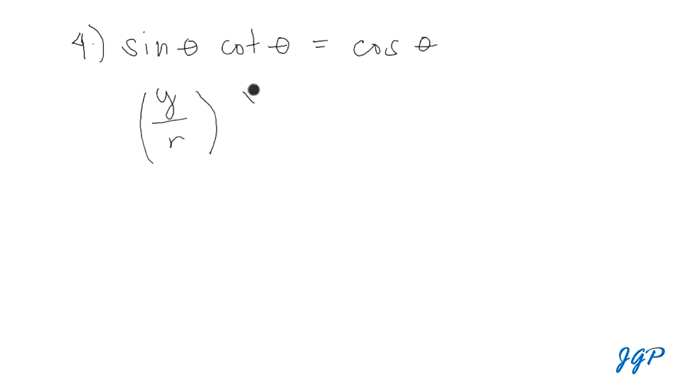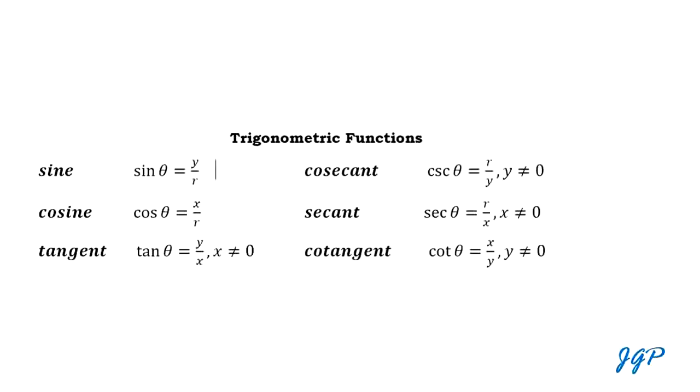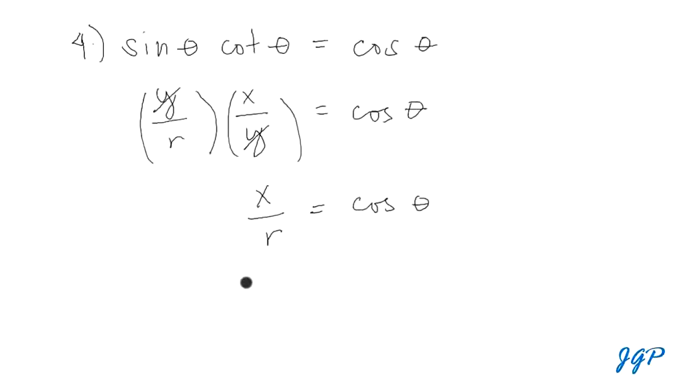So we have x over y is equal to cosine theta. Ayan, yung y natin, pwede nating makancel. So ang natira na lang is x over r is equal to cosine theta. And pag tinignan natin ang x over r, that is the value of our cosine theta. So cosine theta is equal to cosine theta. We have now a true statement.